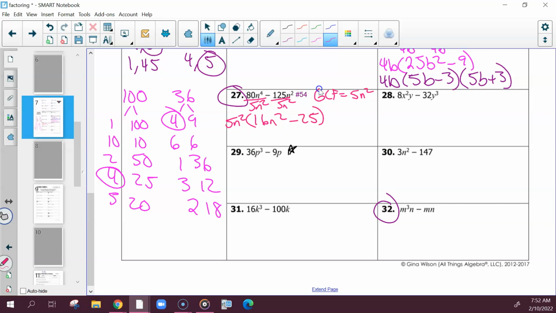Here we can use our difference of squares again. So 5n squared, 4n minus 5, and 4n plus 5.